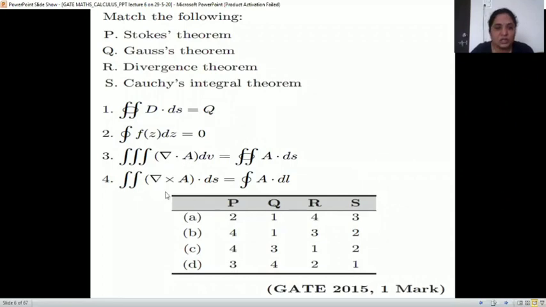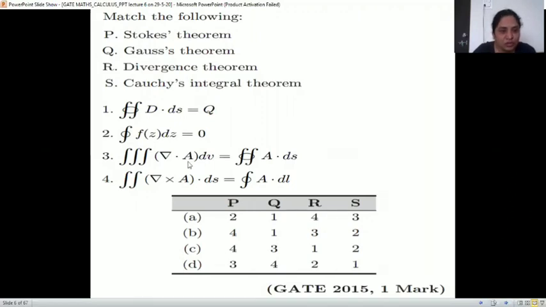The Stokes theorem is del cross A bar dot ds is equal to integration A dot dl. This is nothing but the single integration A bar dot dl bar, right? So this is Stokes theorem. So P can be related to 4. There are two options, B and C.